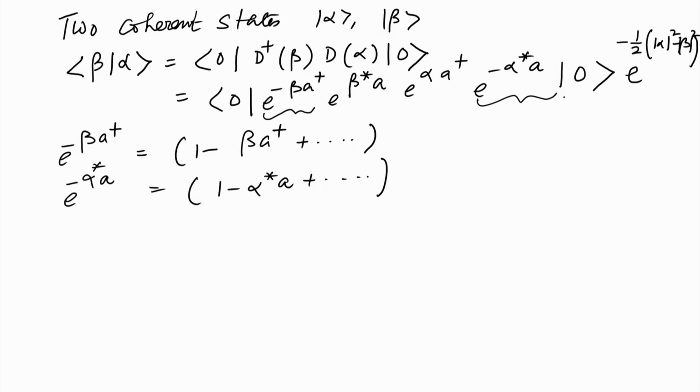Now, it is very clear that all the terms with A dagger at the left edge and A at the right edge will yield 0 when they act on the vacuum. So, we can ignore them, and we can write this down as 0.